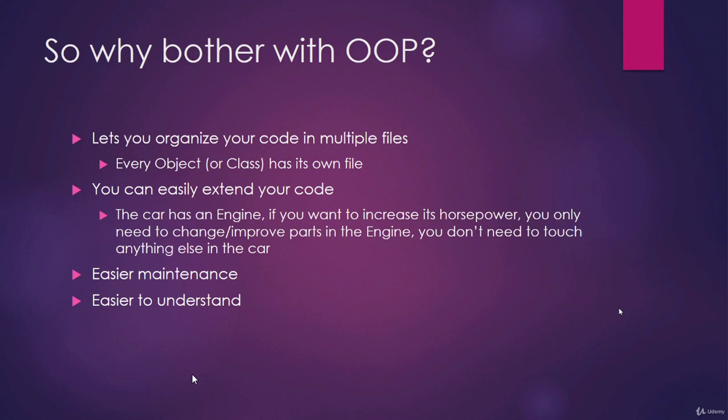Each class can have its own file. So this leads to much better organization of our code, of our files, of our projects, and this in turn leads us to much easier maintenance of the code. We can much easier extend it. In general, it's just much easier to be understood once you grasp the object-oriented concept.